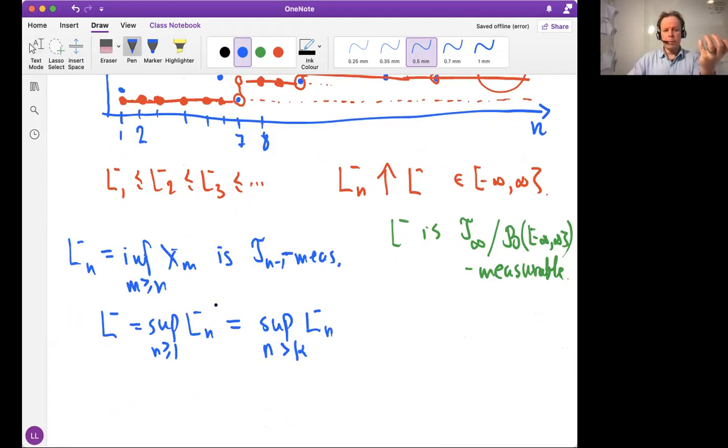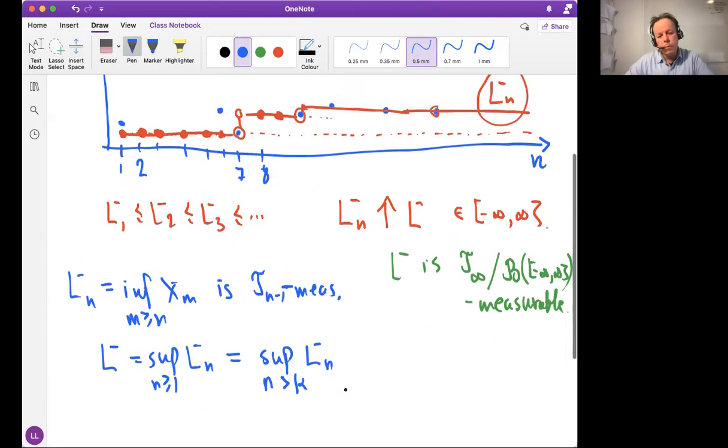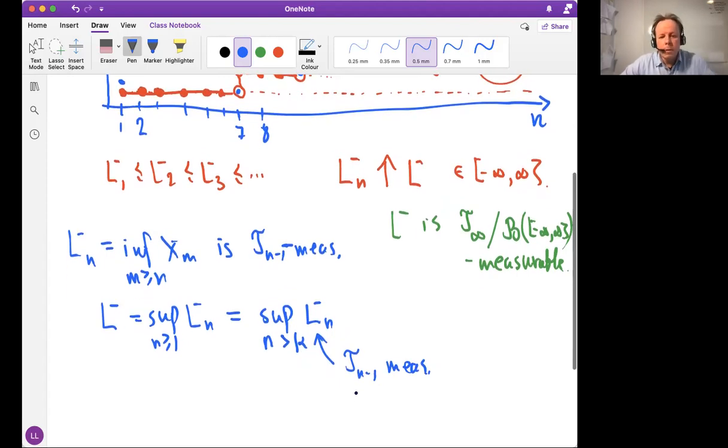This is still the same supremum as here because we are looking at the supremum of an increasing sequence. And now each of these L minus n is T_{n-1} measurable. And because n is bigger than k, they are also T_k measurable.